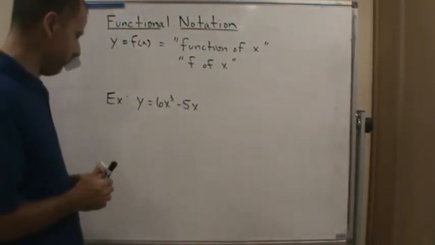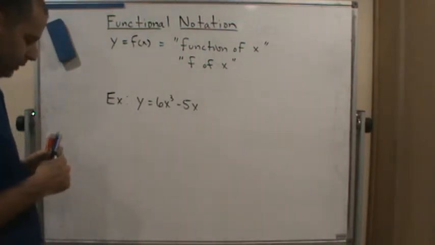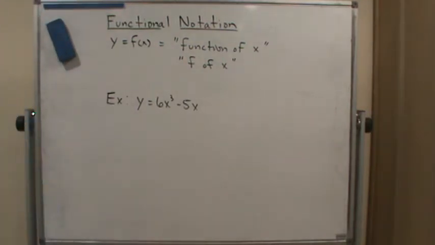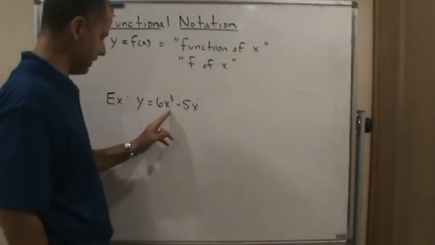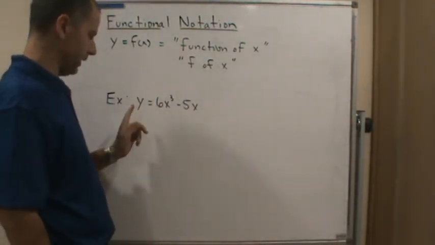So for example, if we look at this example here, we have this relationship of y and x, and y is equal to 6 times x cubed minus 5 times x. So 6x cubed minus 5x. Now, since this is a function, we can see that for every value of x, we're only going to get one y.